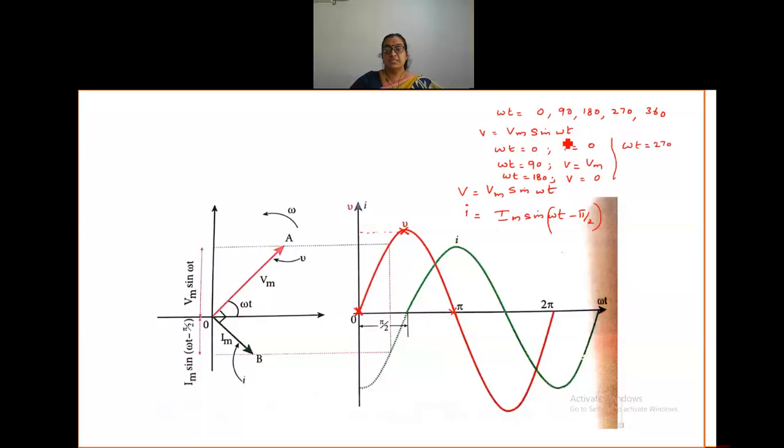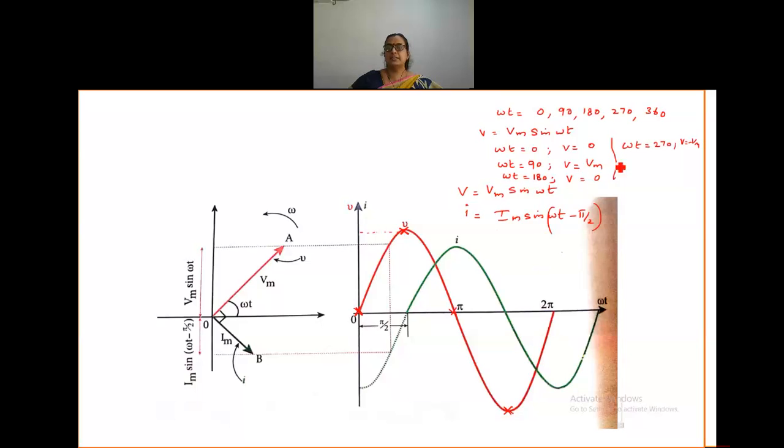Sine 270 is minus 1, and minus 1 into Vm will be minus Vm. Between pi and 2 pi you have 3 pi by 2, which is 270. So the fourth point is minus Vm. Here it is plus 8 volt, so here it will be minus 8 volt.